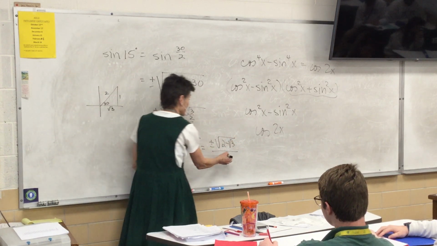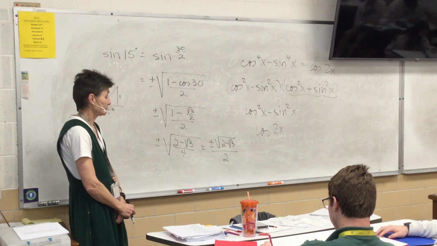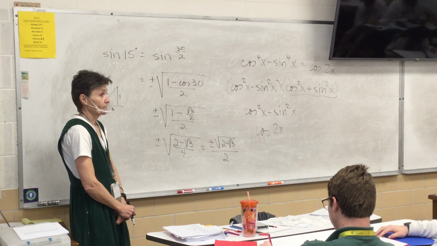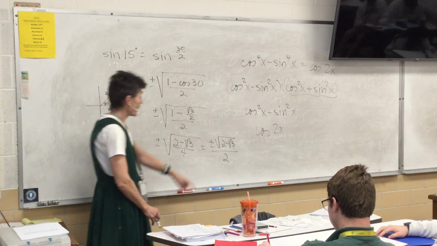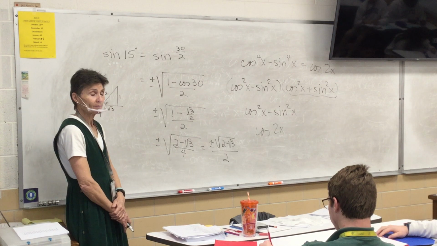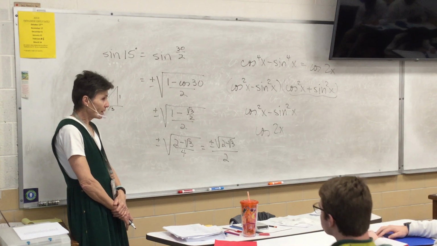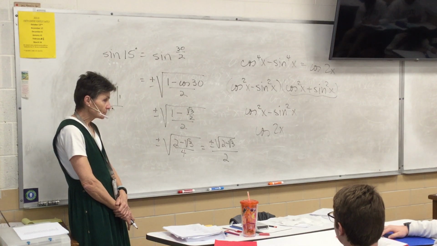But the square root of 4 is 2. Have you seen radicals inside of radicals before? It's okay. You can have them. It's fine. But I have to decide if I want the positive or the negative root.